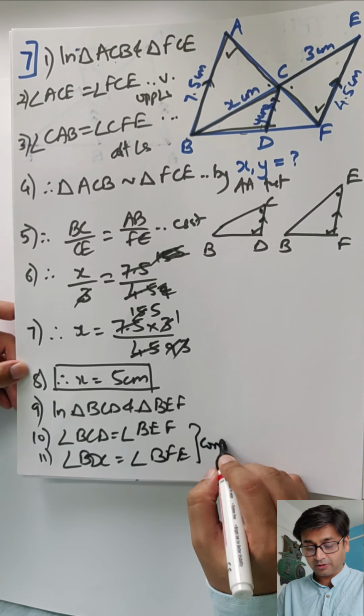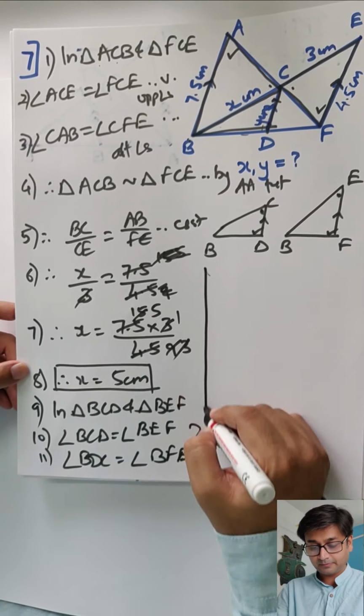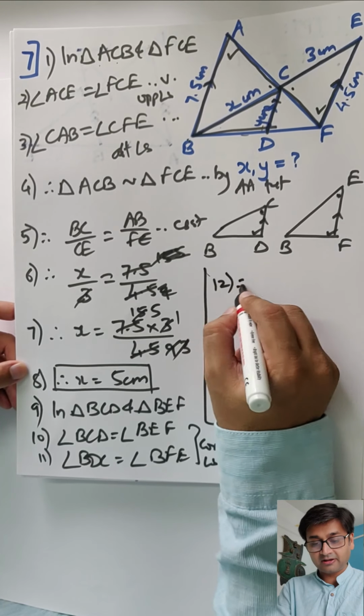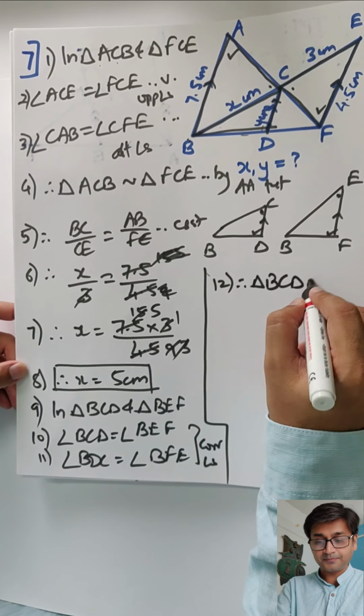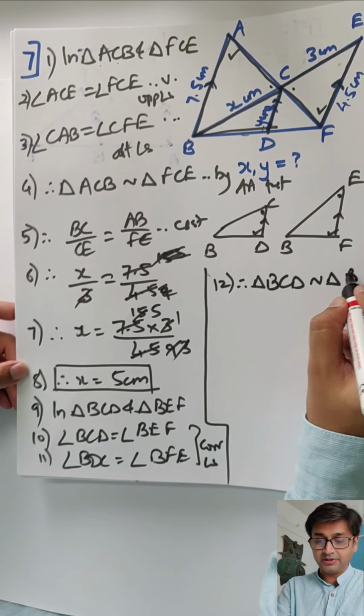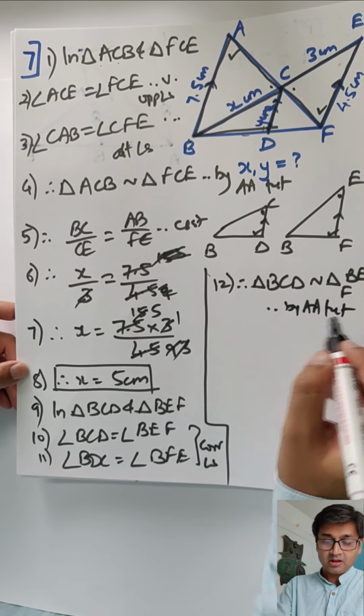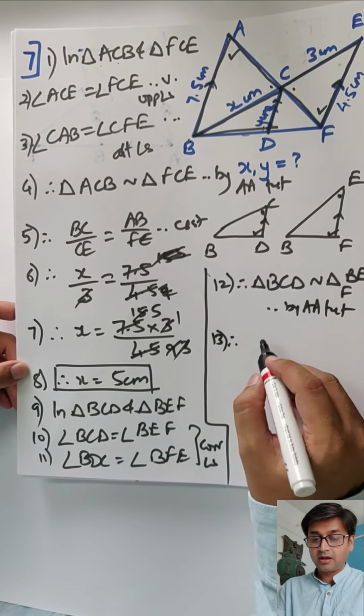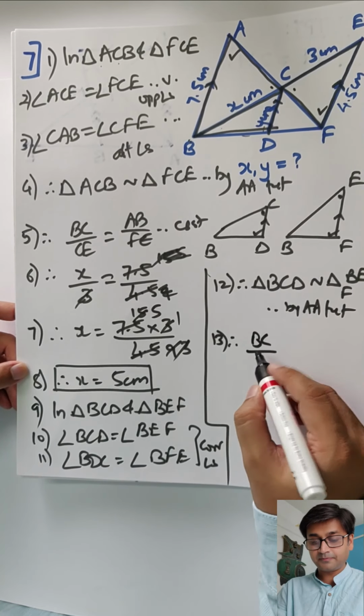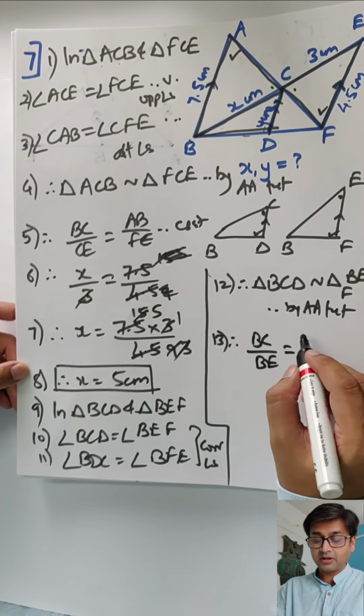Both are corresponding angles, and therefore triangle BCD similar to triangle BEF by AA test. Once your triangles are similar, I will say BC upon BE equals CD upon EF, CSST. Don't forget to mention your reasons wherever necessary, okay?